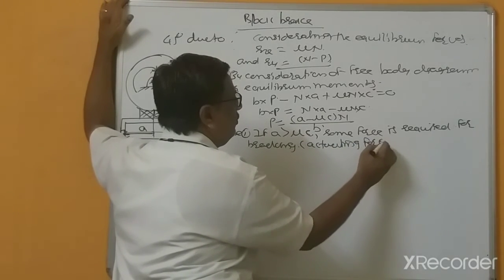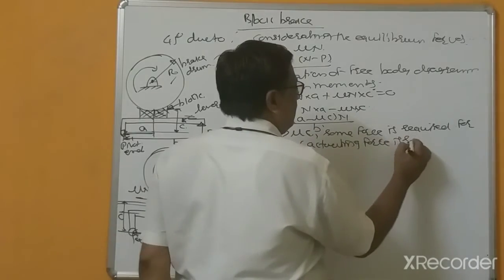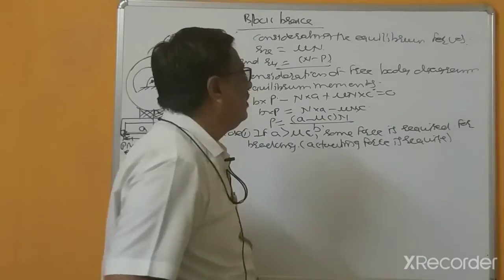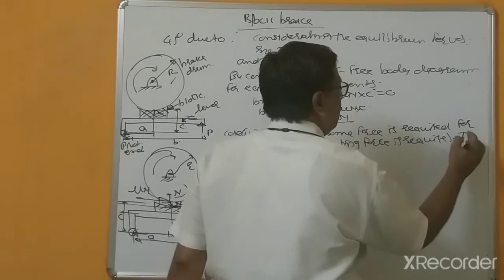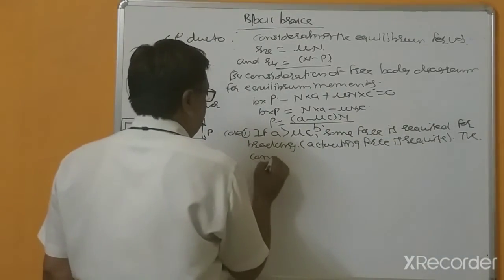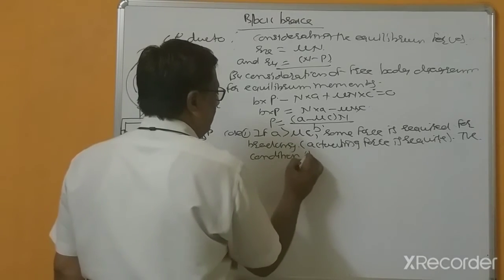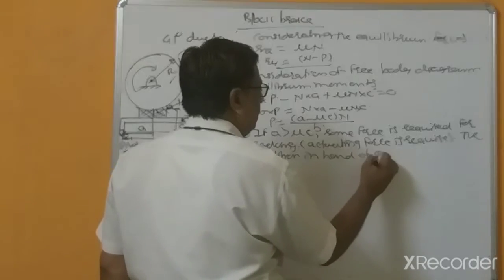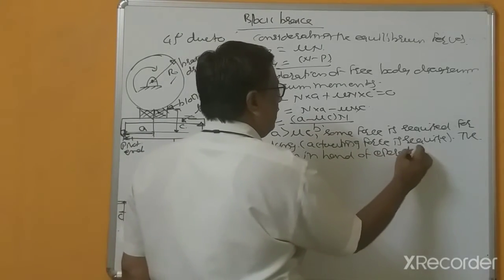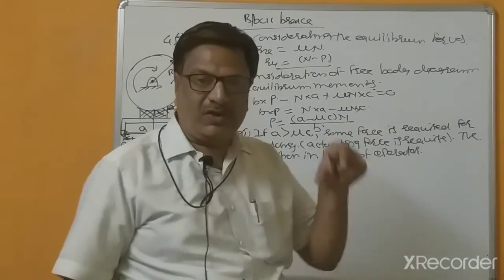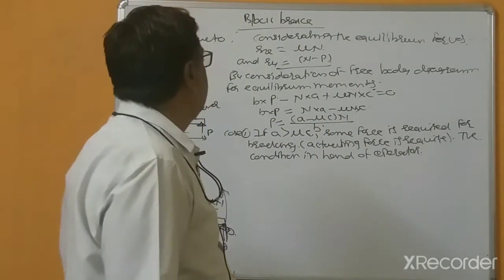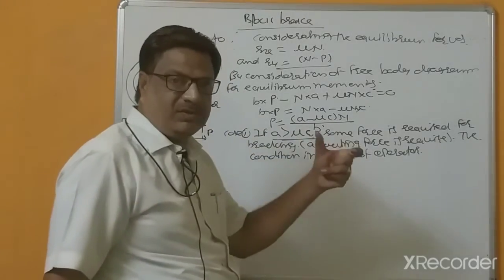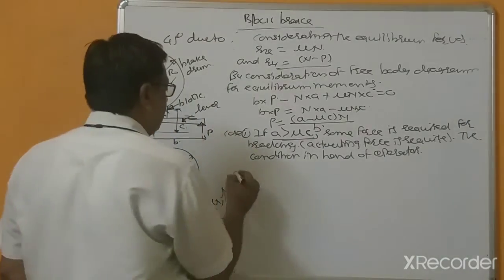So this is the condition in the hand of the operator. So the operator can apply the force, and that force is a small force, because A is greater than mu C.